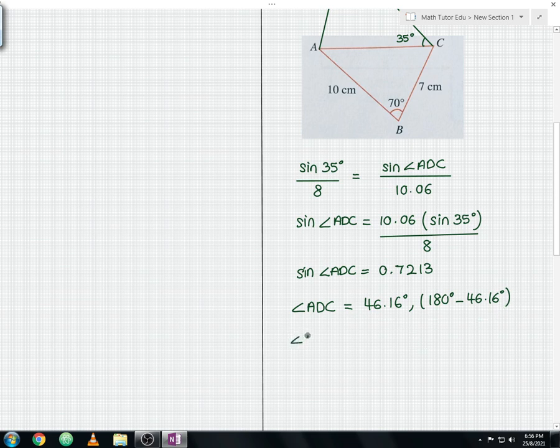So from here you get your angle ADC equals to 46.16 degree, and for the second angle you should get 133.84 degree. So let me underline the solution for the question part B.